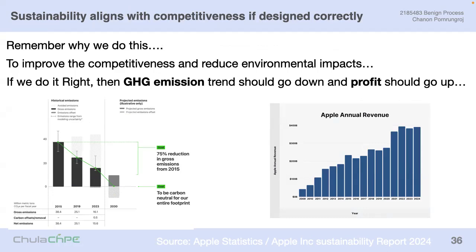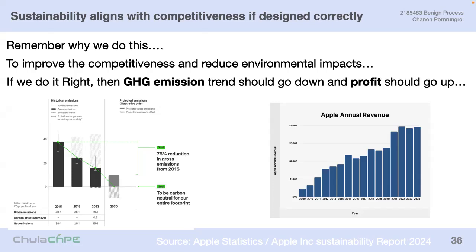So not only do we make a better process, but we want to communicate, and eventually, this is a key point that I want to highlight, that doing sustainability doesn't equal less profit. You can see here from Apple revenue. Apple reports greenhouse emissions every year, and you can see here that they reduce the greenhouse emissions year by year.